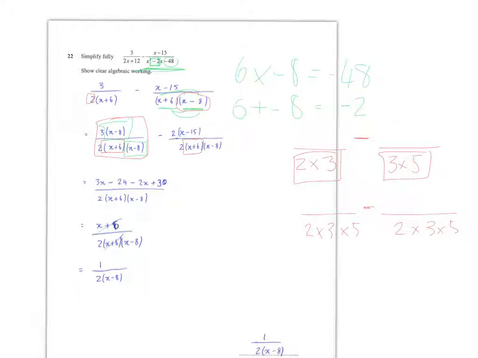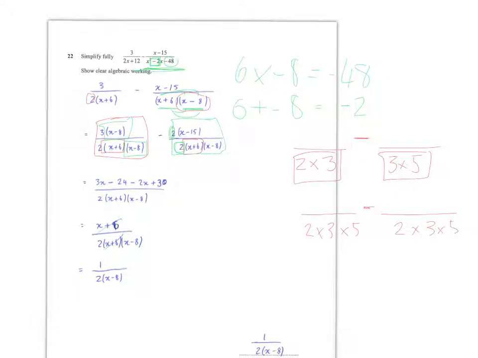If I was to cancel those, I'd be left again with 3 over 2 brackets x plus 6. Again, the same with the other one. Well, I multiplied the denominator by the value 2. So I need to multiply the numerator by the value 2. If I was to cancel those again, I'd be left with the same as the expression above.